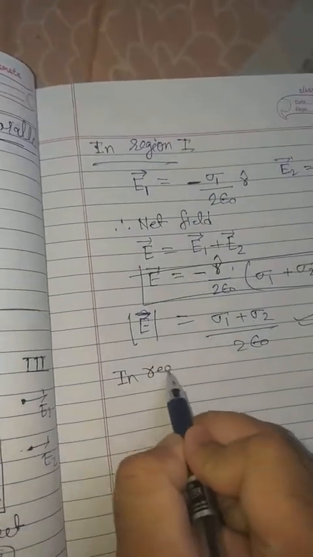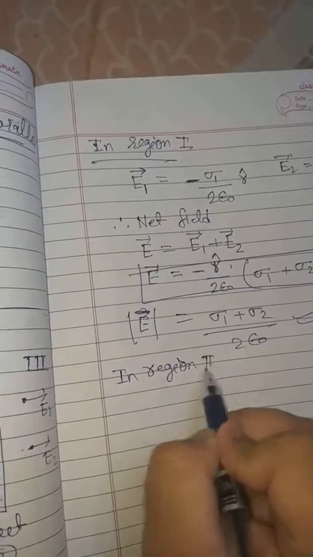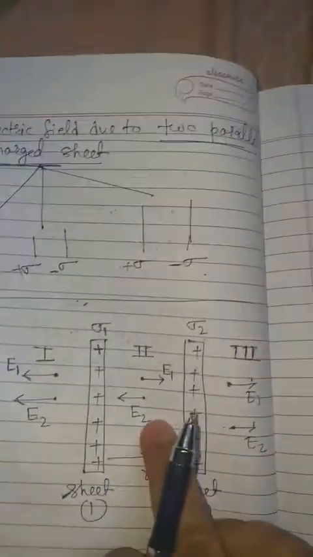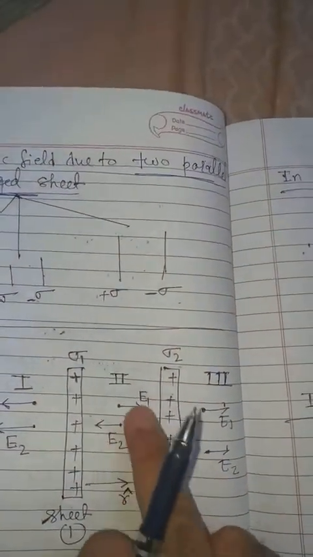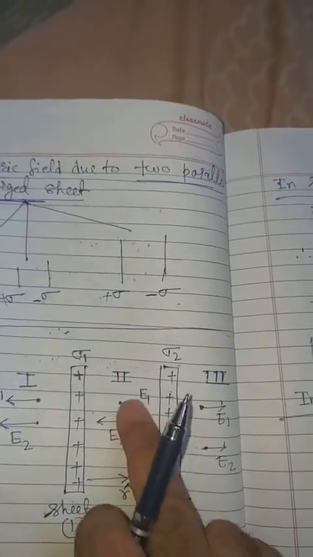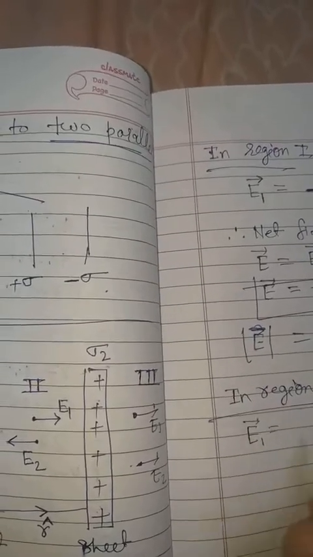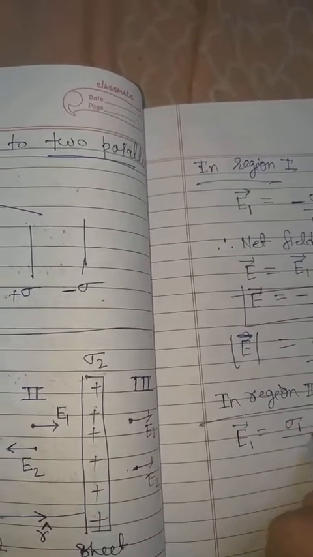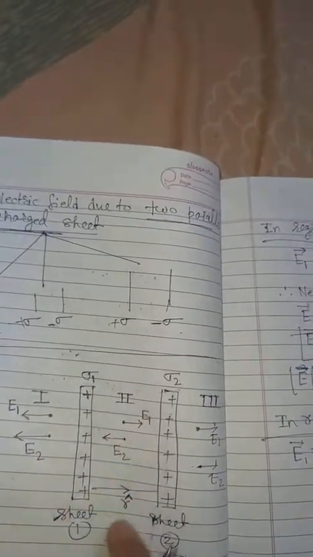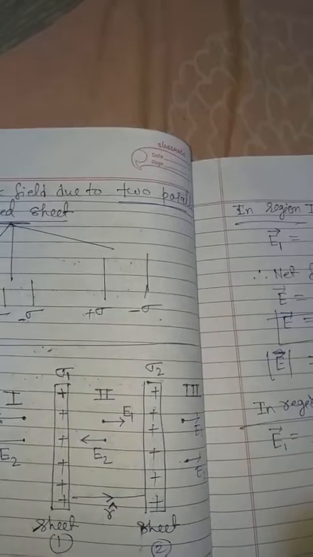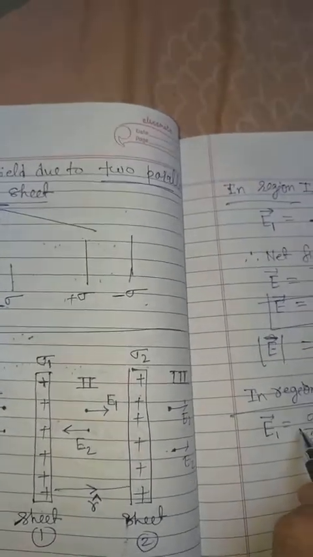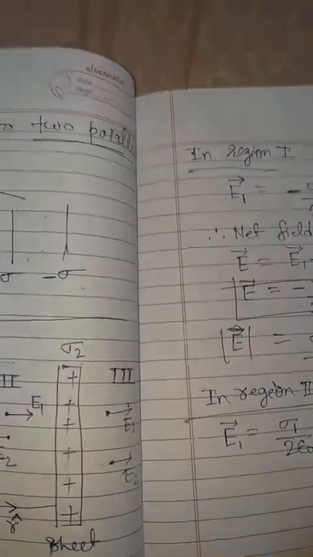In region second, both the fields are in opposite directions. E1 is equal to sigma 1 upon 2 epsilon naught, and the direction of E1 is in the direction of r cap, so there is no need to put a negative sign.